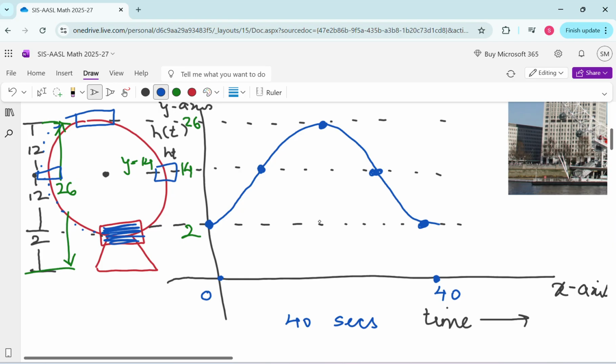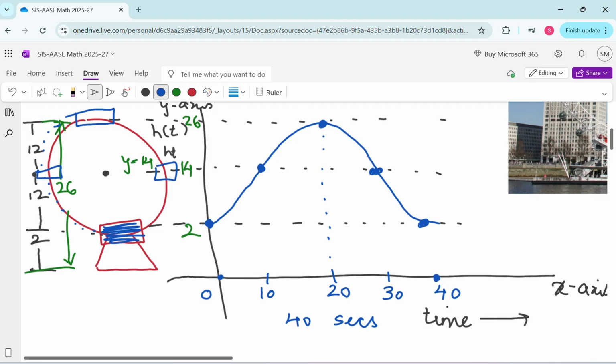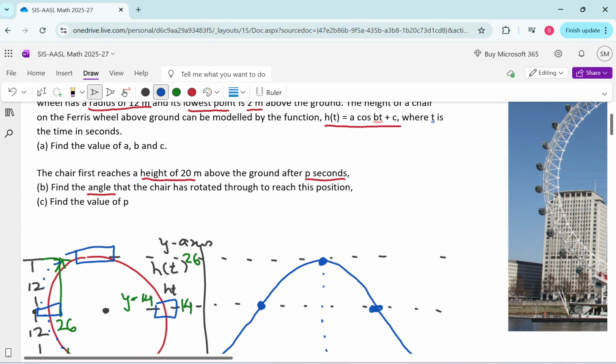Exactly the middle of 0 and 40 will be the highest point, which will be at 20. Now this point will be between 20 and 40, which is 30. And this is between 0 and 20, which is at 10. So 0, 10, 20, 30, 40, and we have a model of the function. Now the question says to represent this as a cosine function.